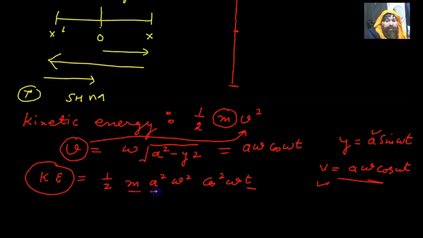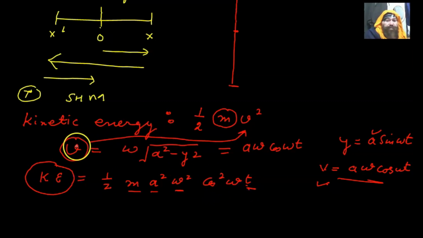This m is constant, a is constant, omega is constant, but there is a cos expression, and in the cos expression there is a time. So kinetic energy will change with time.